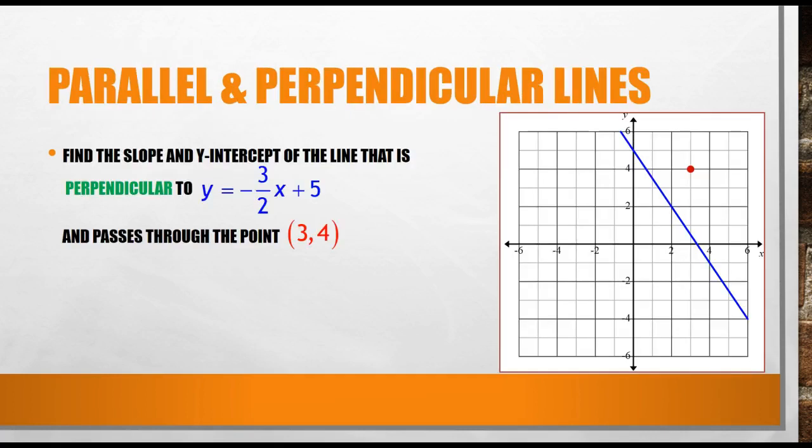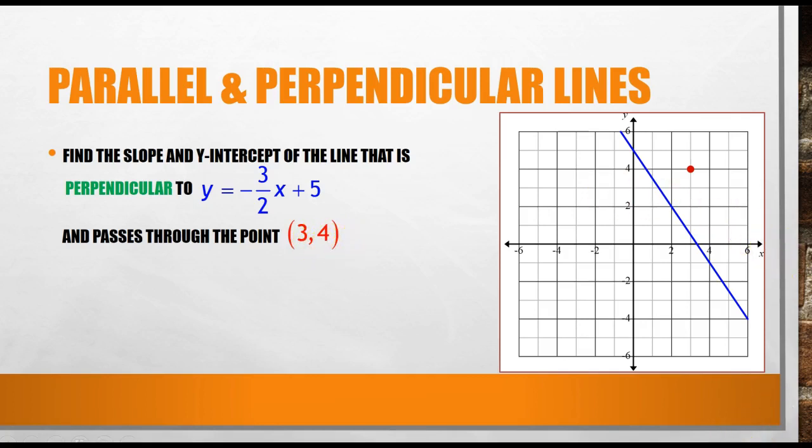So let's take a look at this first example. We're given a line and we're given a point, and we would like to find the slope and y-intercept of the line that is perpendicular to our line in blue, and make sure that it passes through the point 3, 4.